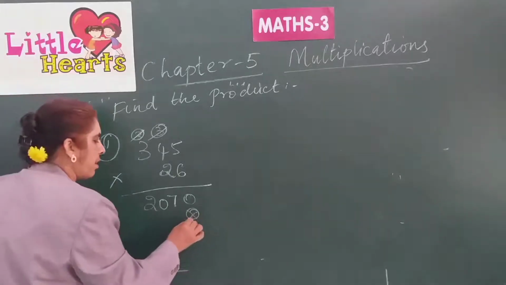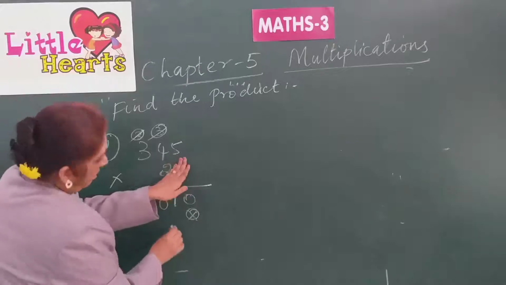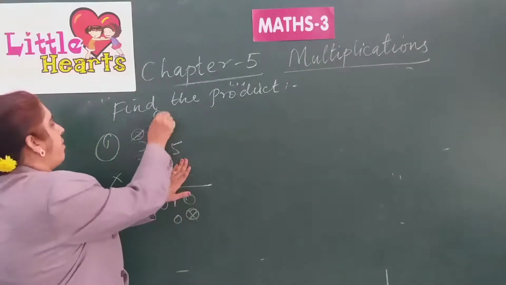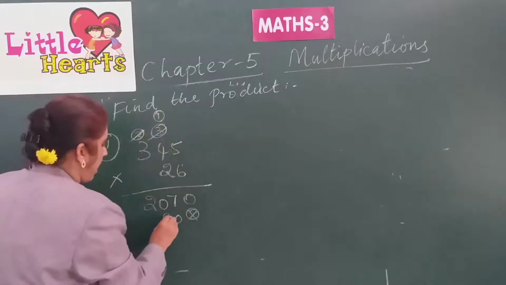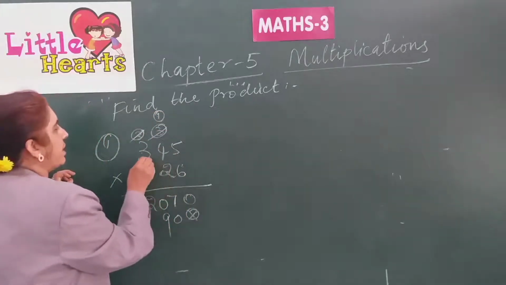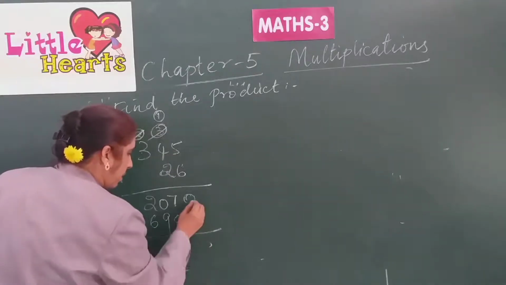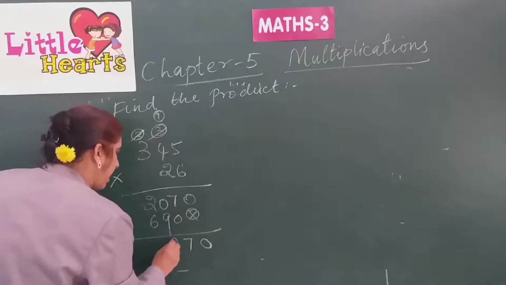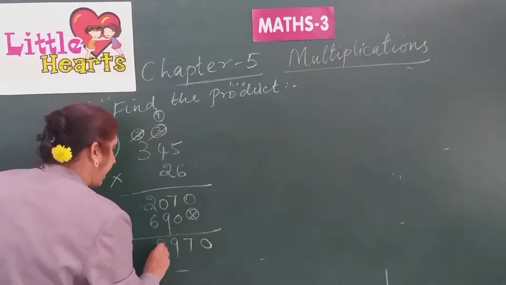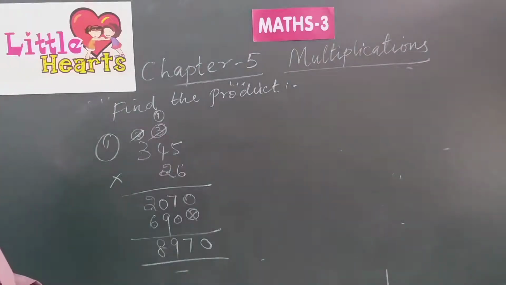Just here is a symbol. 2 5s are 10, carry 1. 2 4s are 8 plus 1, 9. 2 3s are 6. 0, 7 plus 0, 7. 0 plus 9, 9. 2 plus 6, 8. 8,970 is the answer.